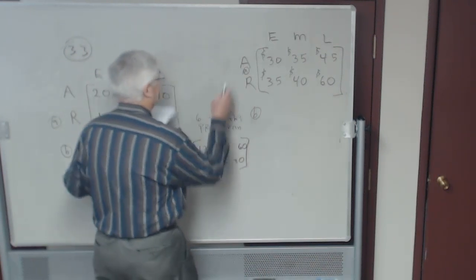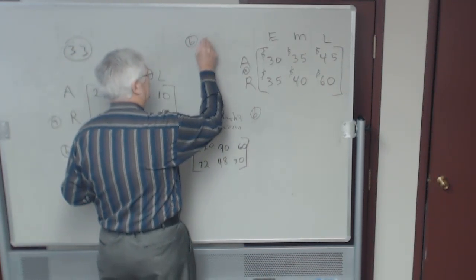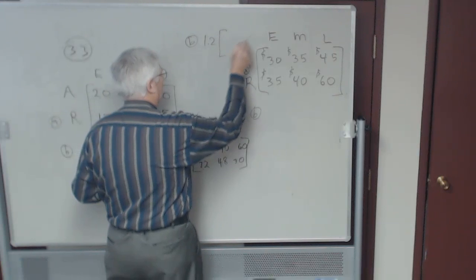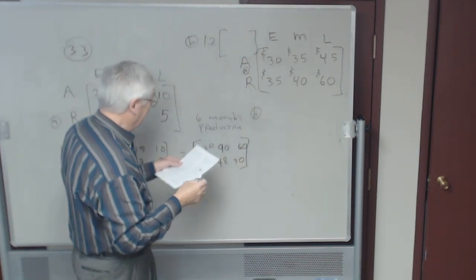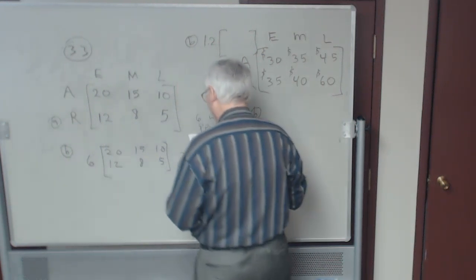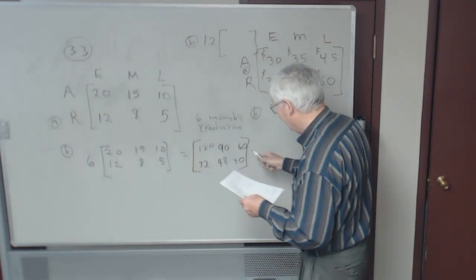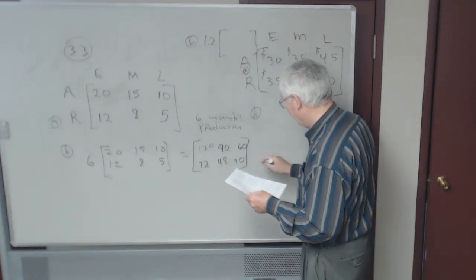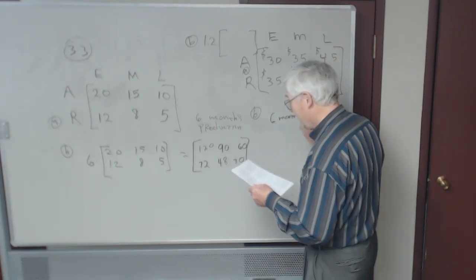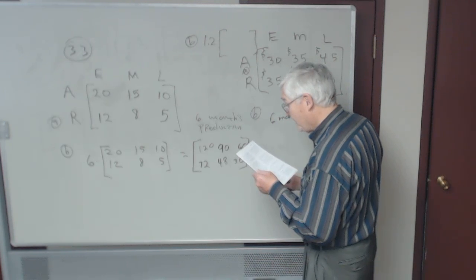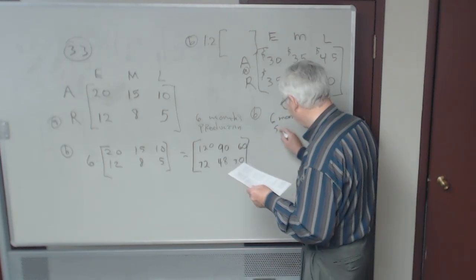And I'm just going to put up here, B is 1.2 times that matrix, okay? So you can work that out. Well, you don't have to, that's an even one. But you have to do this. 6 months production, and here is 6 months sales.